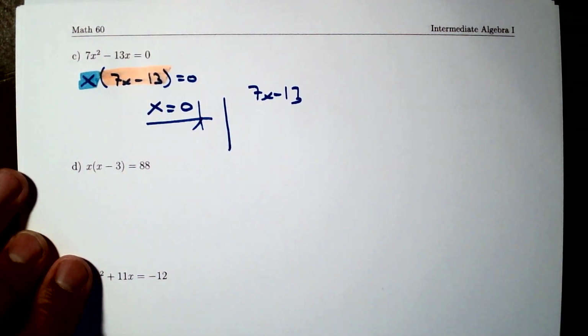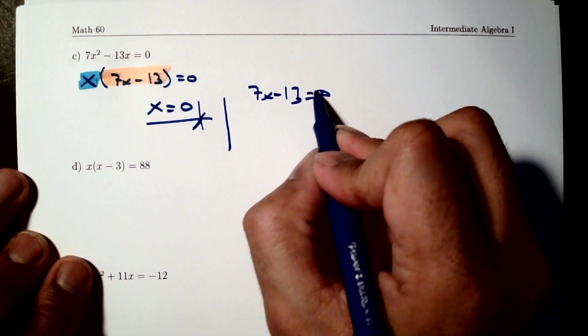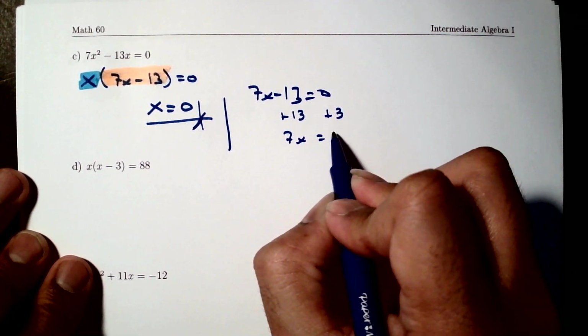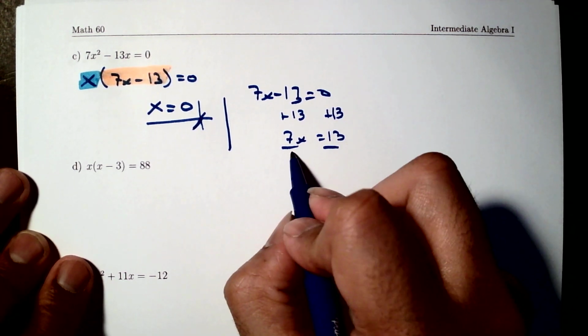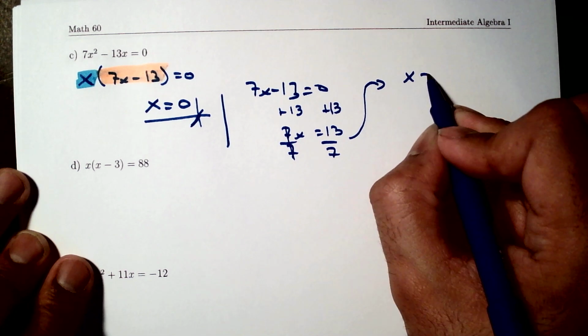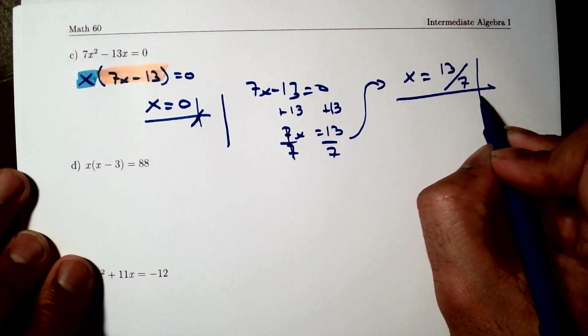X equals 0, no need to add or subtract anything. And then over here, add 13 to both sides to get 7x equals 13.